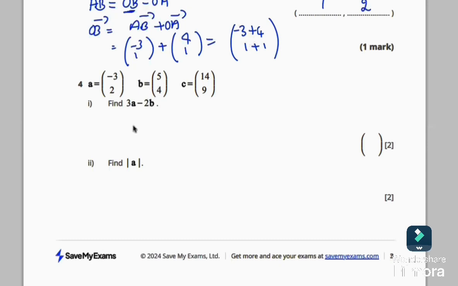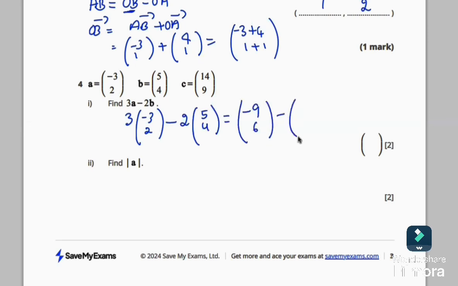3a minus 2b. So these are all scalar multiplications. So 3 times (-3, 2), minus 2 times b, (5, 4). Which is (-9, 6), and minus 10, 2 fives are 10, 2 fours are 8.